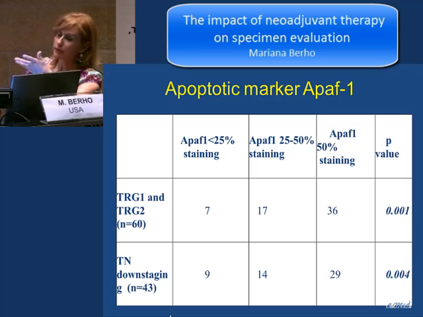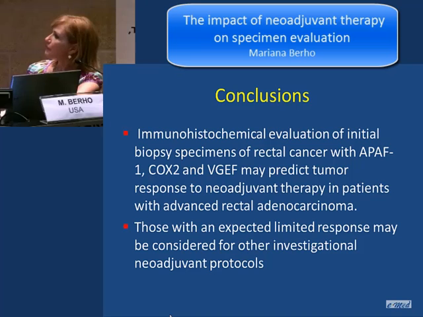The reason that probably APAF is so important is because it's one of the last targets of apoptosis. So the malignant cell cannot look for other routes to fight the oncogenesis. This is one of the last steps.